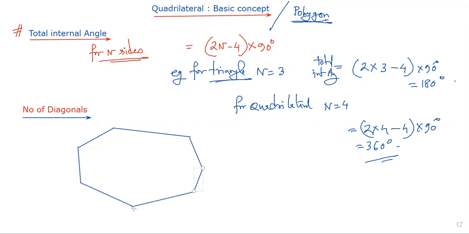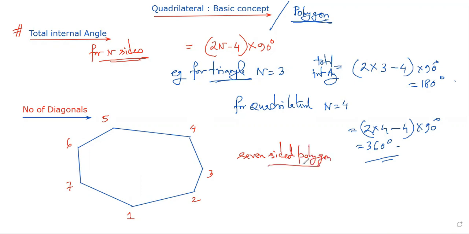It is drawn. Now after that, whenever I need to find the number of diagonals, what is the process? Let me give some names, then it will be much better. 1, 2, 3, 4, 5, 6, 7. It is basically a 7-sided polygon.